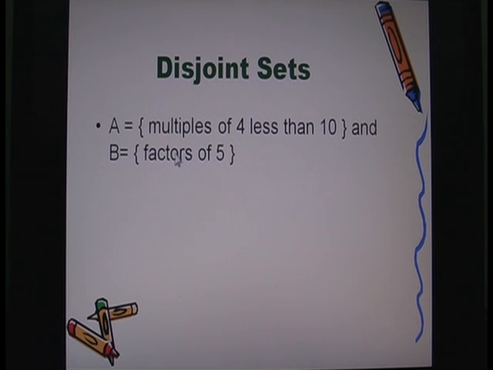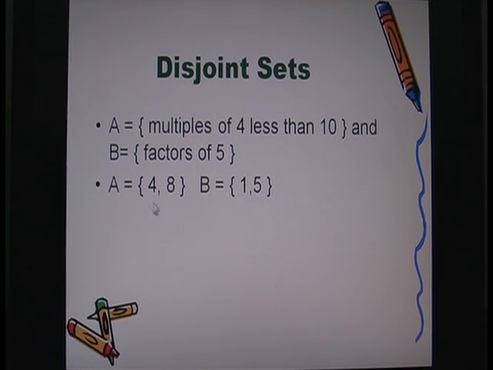So we're saying multiples of 4 less than 10 and factors of 5. So we have listed them. So the elements of A are 4 and 8 and the elements of B are 1 and 5. So 4 and 8 are multiples of 4 less than 10 and 1 and 5 are factors of 5.